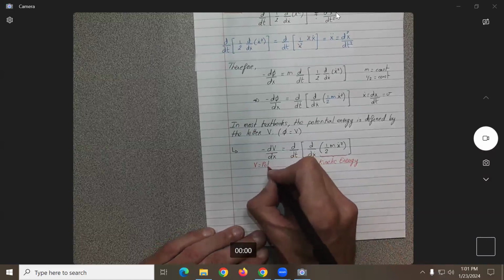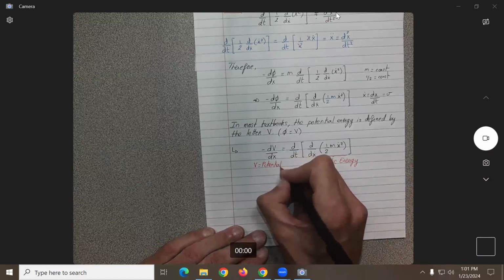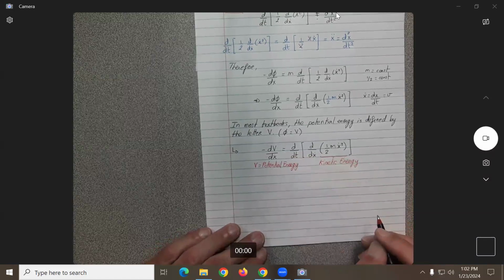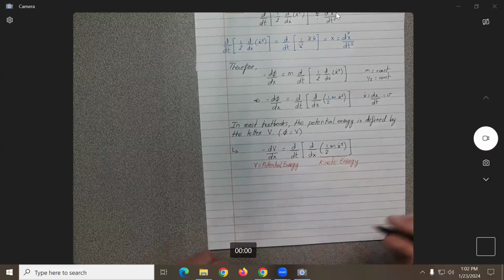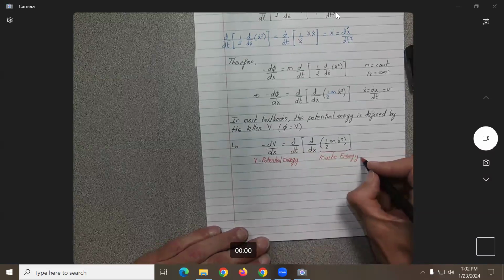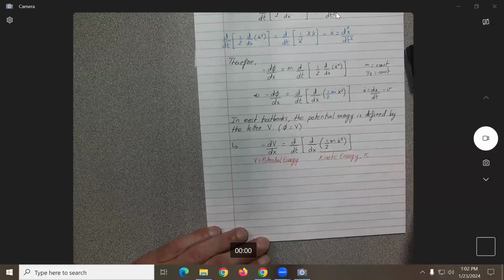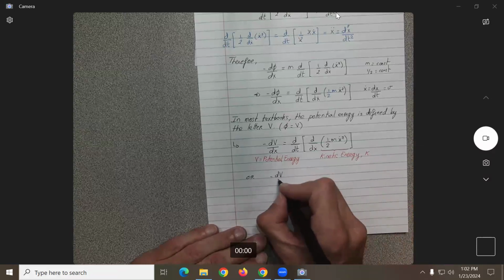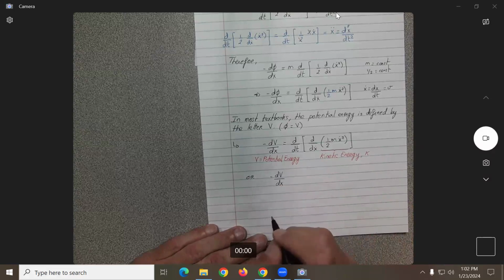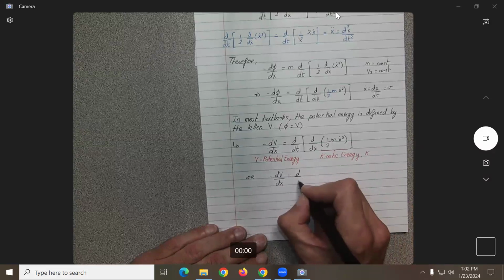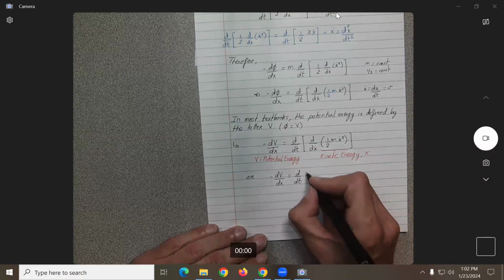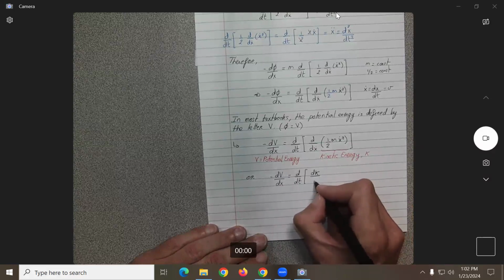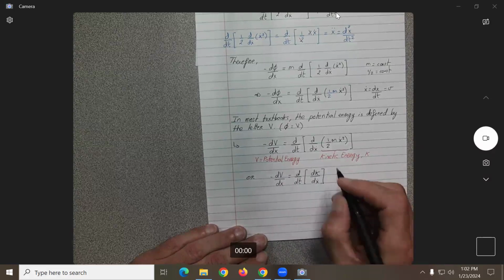What is V? It is what we call the potential function, but this is the same as potential energy. Or I can write this as minus dV/dx equals d/dt of dK/dx dot.